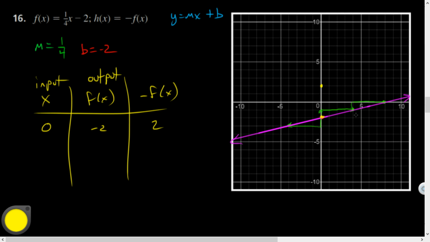All right, let's pick another point. Here is 4, -1. And now the -1 would become +1. So this point is now up here. How about this point? This one's interesting. That's 8, 0. And the opposite of 0 is 0, so that gets mapped to itself.